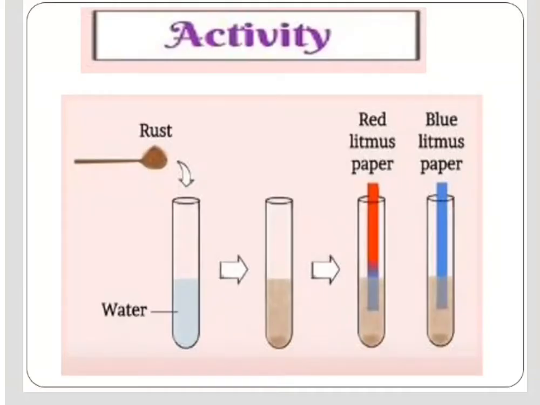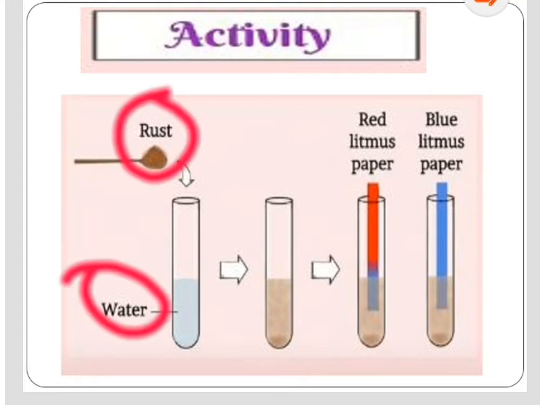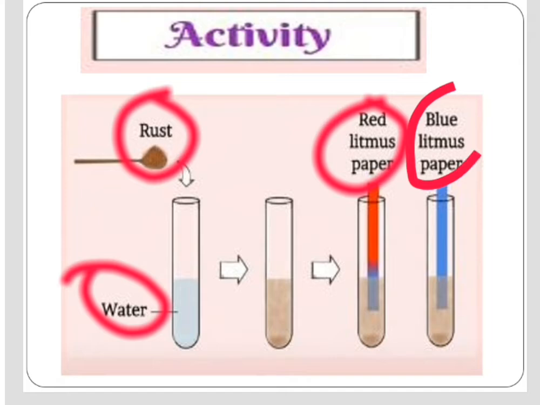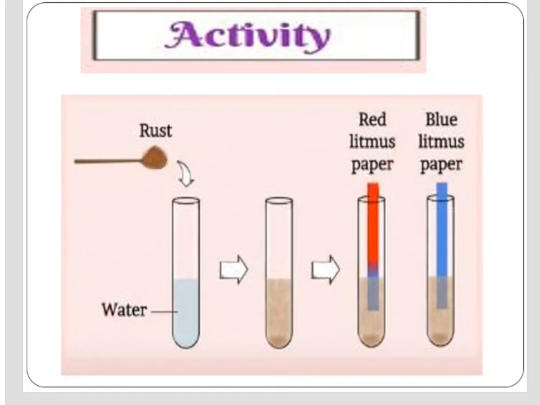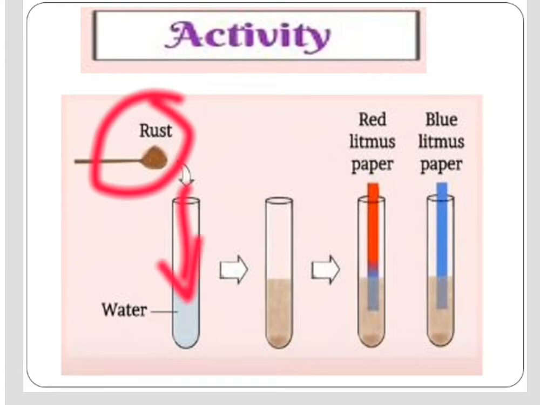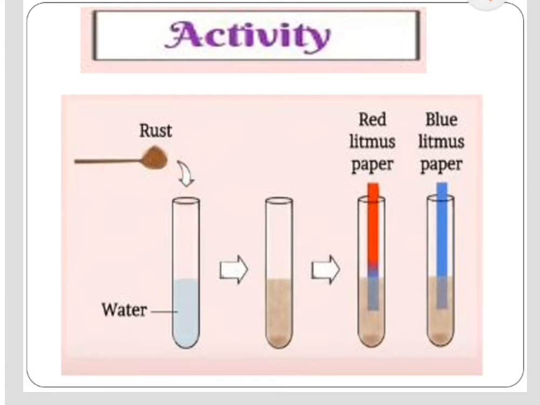Next activity: to check the nature of rust. Material: rust, water, red litmus paper and blue litmus paper. Take a spoonful of rust and dissolve it in a small amount of water, and take this water mixture in a test tube.